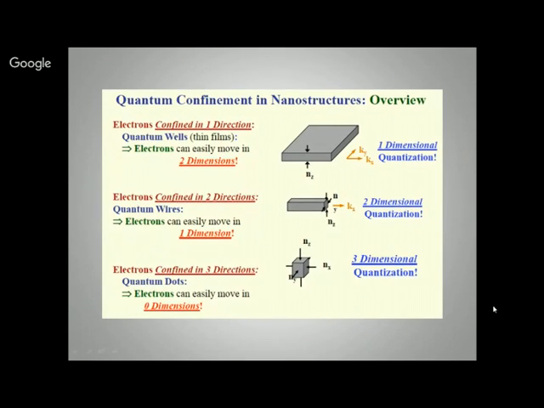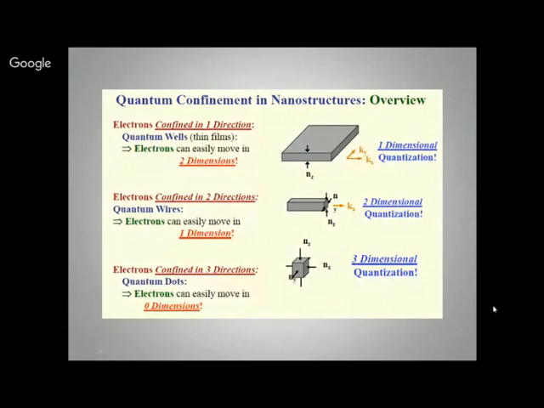If I remove one dimension, as in thin films, your electrons can move only along two directions, either the x-axis or the y-axis. We have restricted the motion of the electron along the z direction, so the electrons get confined in one direction.